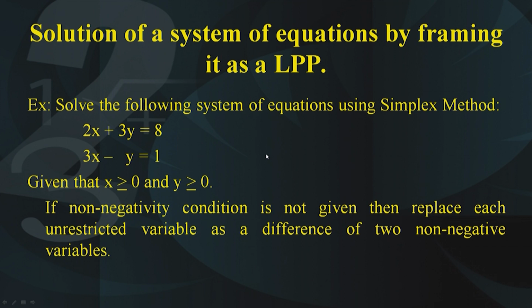If these non-negativity conditions are not given, then we can consider x and y as unrestricted variables and replace both of them as a difference of two non-negative variables, substitute in the two given equations, and then solve as before.